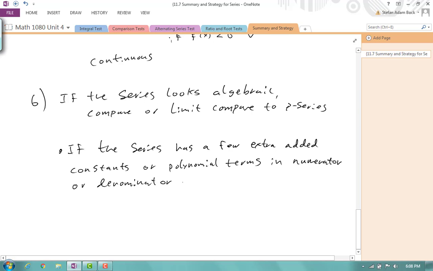But if I removed all of those, then it would look like one of the immediate series, like it would be similar to a p-series, or maybe it's almost a geometric series, but I have a bunch of extra stuff added or subtracted or divided to it. That makes it not a geometric series.